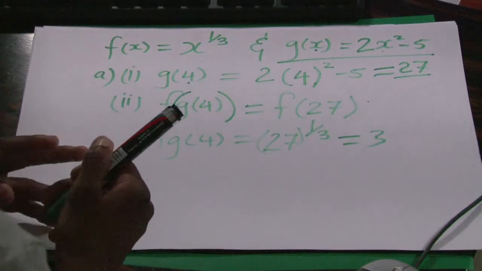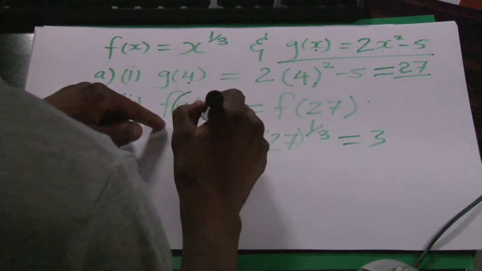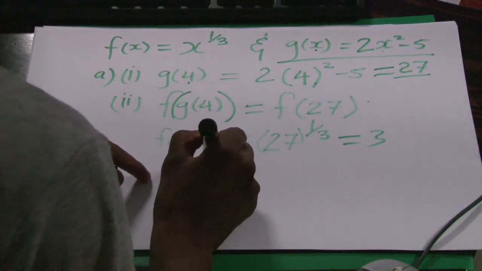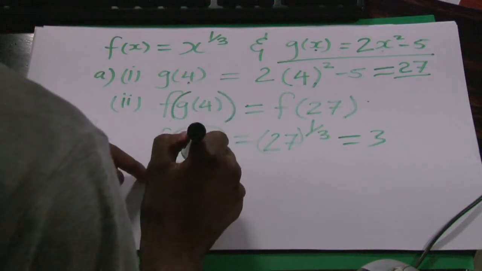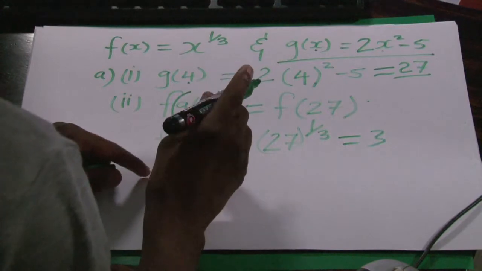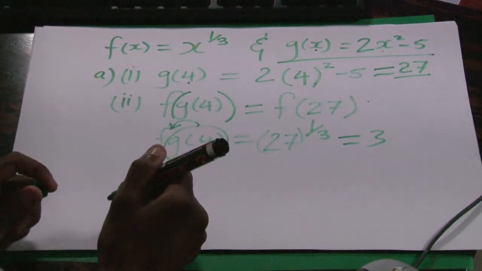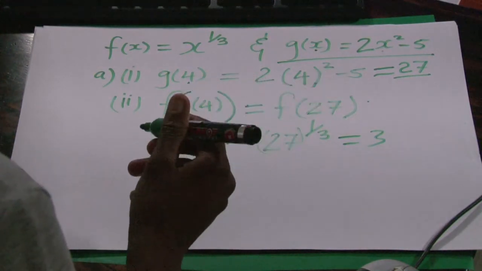Alright. Just to say more about this, whenever you have a problem like this, you should first solve the inner function. After solving this, then you insert it in the first function. Okay.